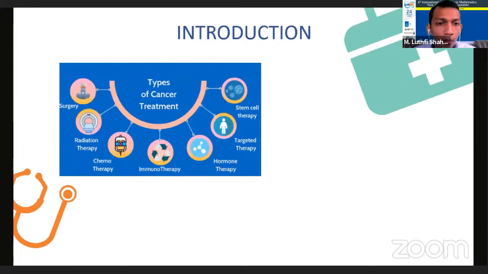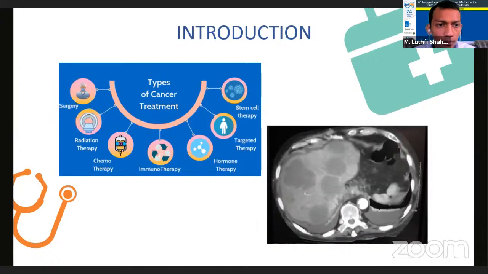However, there is no efficient treatment for colorectal cancer patients, especially in patients with liver metastasis or CRLM. CRLM is the main cause of death in this disease. The treatment commonly used in CRLM are chemotherapy and liver resection. However, its toxicity and side effects limit the use of this chemotherapy.